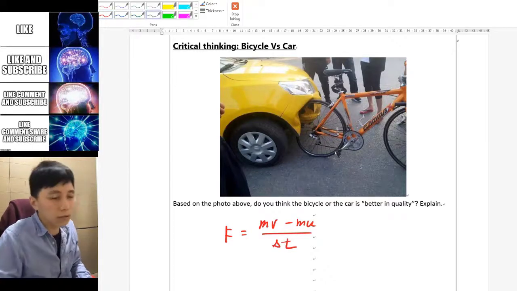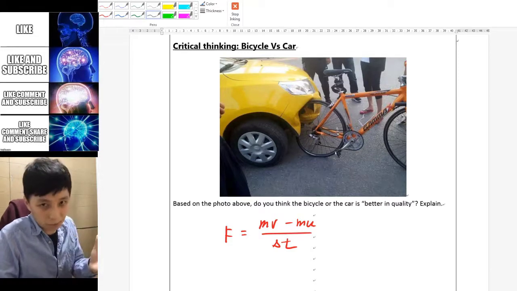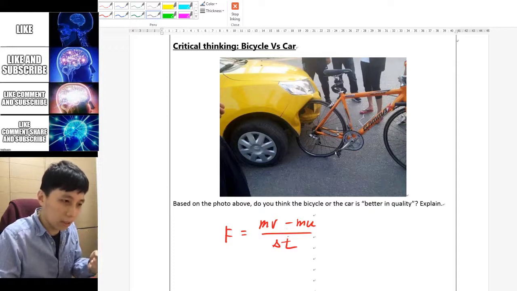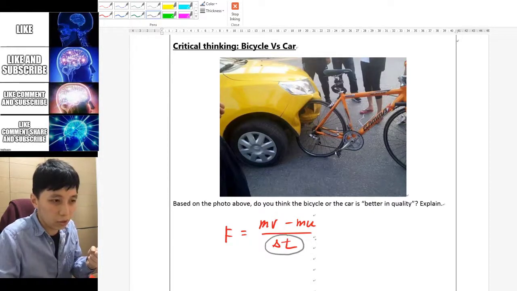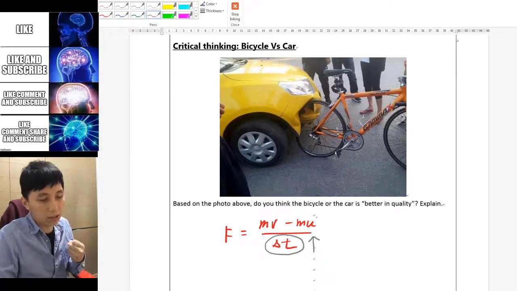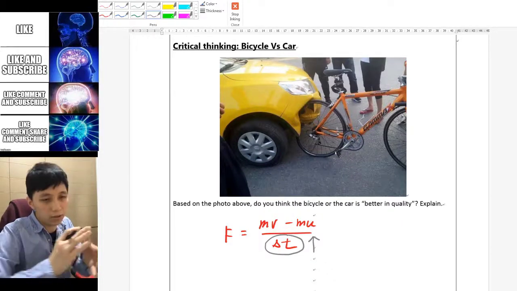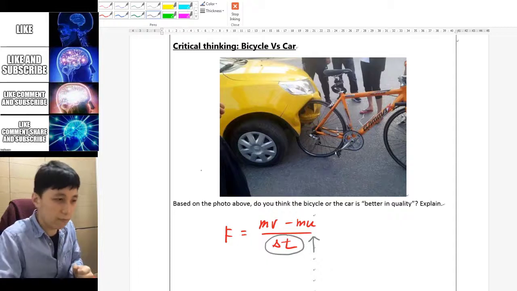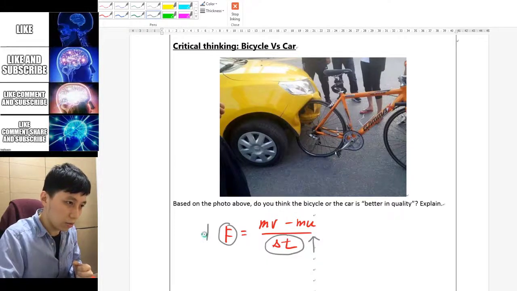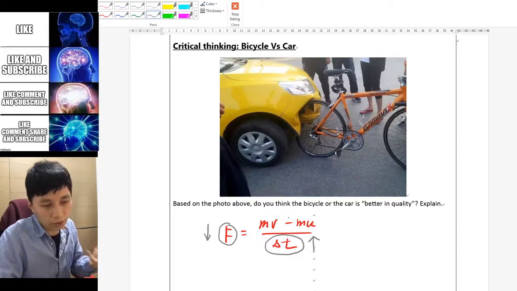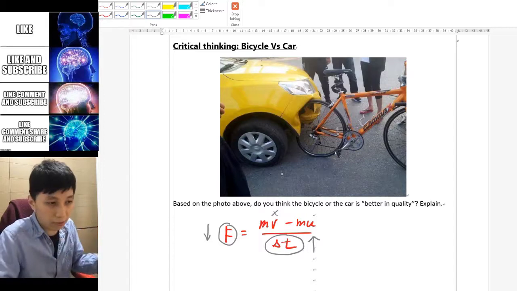Okay, and so the reason why it's designed to crumble is, again, that it's going to increase the delta t. Only when it can crumble can you increase the time of impact and eventually lower the force, because when you have a car crash, you can't change the final speed because it's going to be zero anyway.